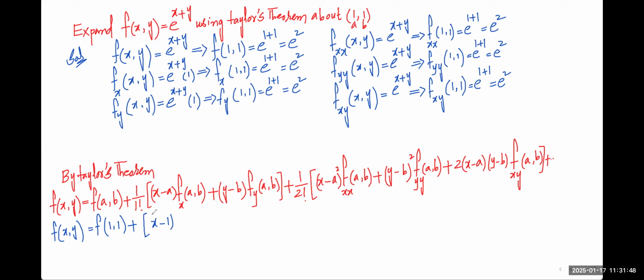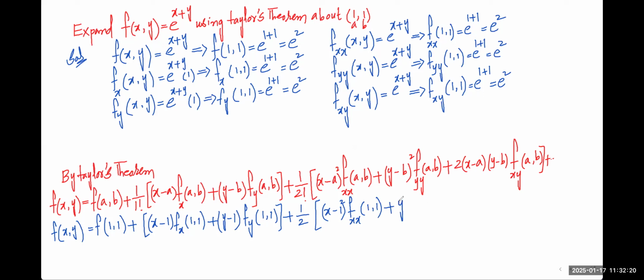It is x minus 1 fx at 1 comma 1, plus y minus 1 fy of 1 comma 1, plus 1 by 2 factorial, it's not 21, 2 factorial, 2 only, x minus 1 whole square, f double x at 1 comma 1, plus y minus 1 whole square, f double y at 1 comma 1, plus 2 into x minus 1 into y minus 1, fxy at 1 comma 1.